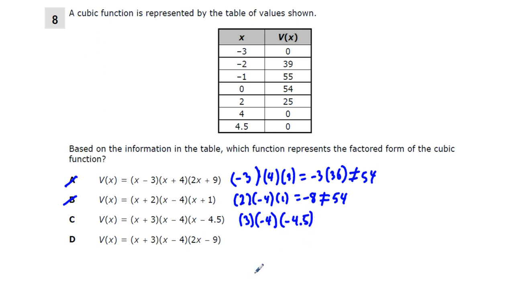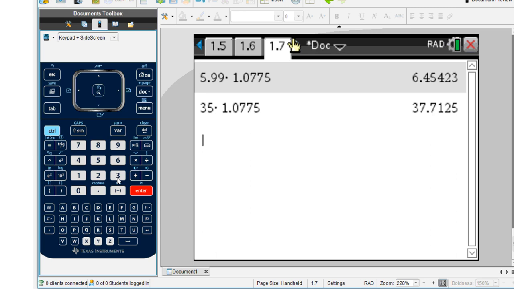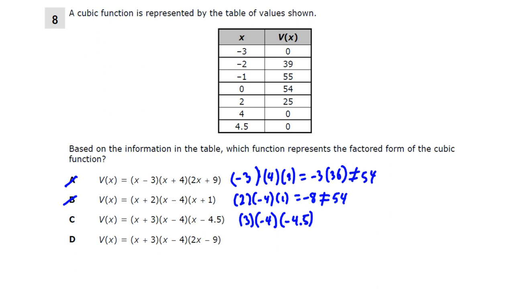Okay. Three times -4 times -4.5, 54. That's going to be it. And then if we take this last one here, we have 3 times -4 times -9.